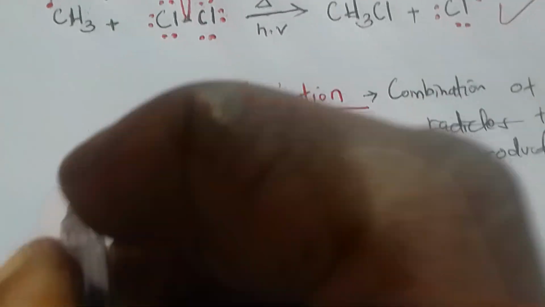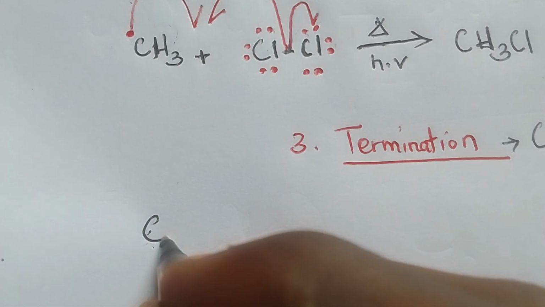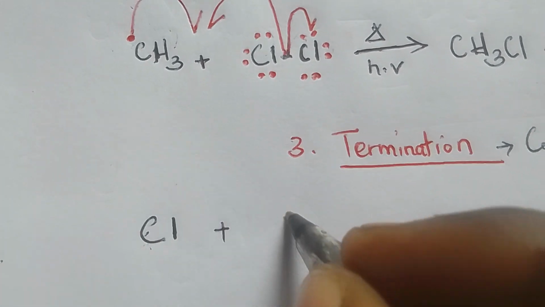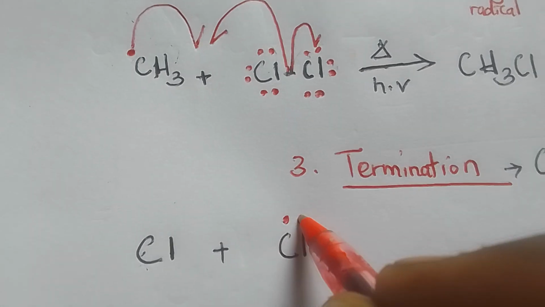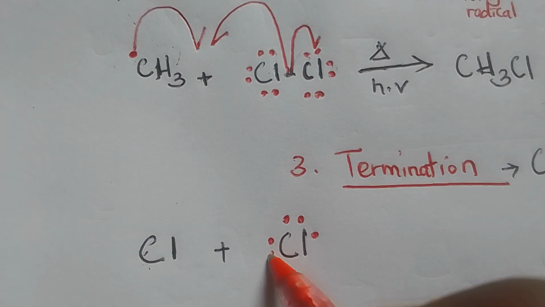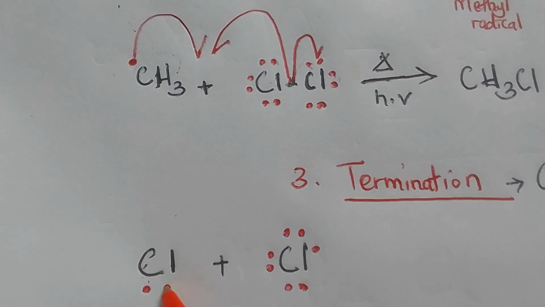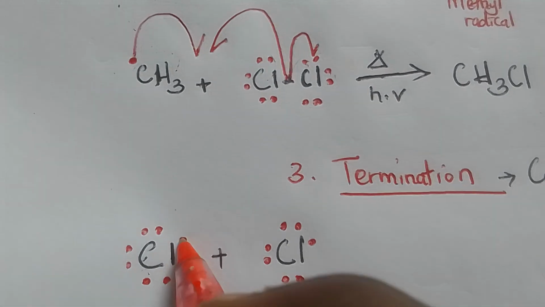The first one, we said that we are going to react the two chlorine radicals, because there are a lot of them in that structure.